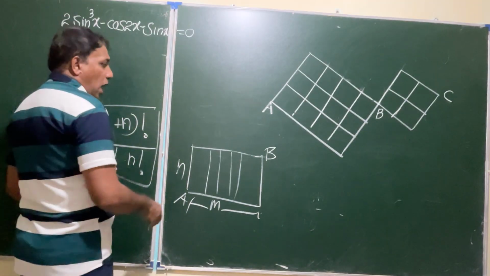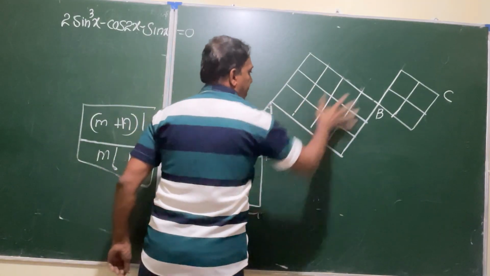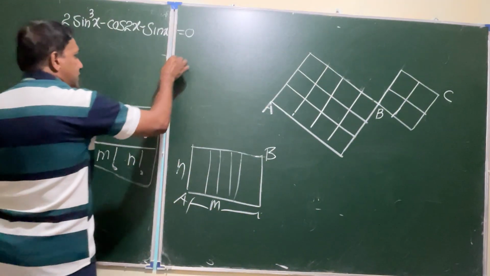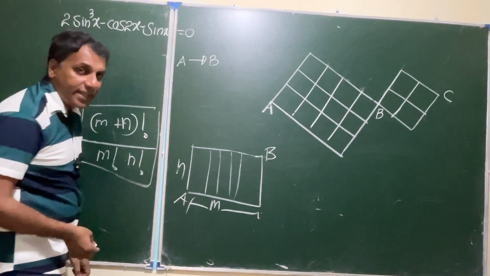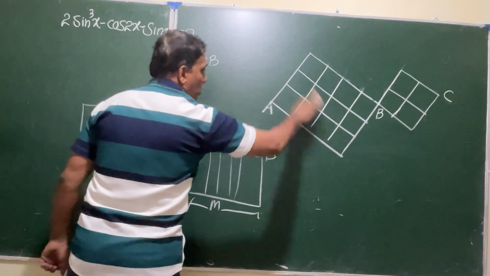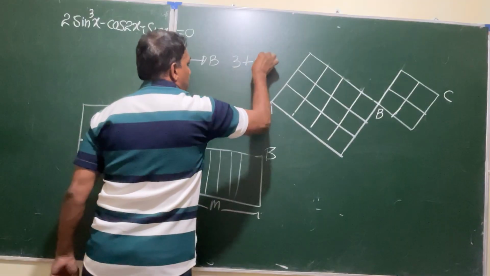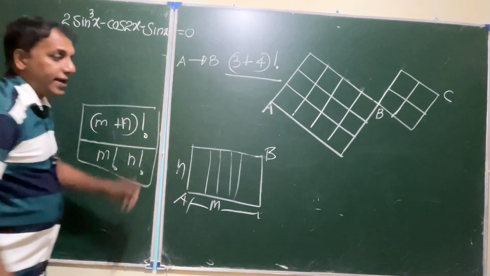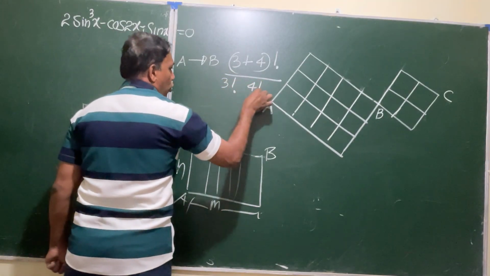Okay, so come back here. So how many rows here? 1, 2, 3 rows, 4 columns. Here are 2 rows and 2 columns. So first I show you A to B, right? To go from A to B, how many possibilities? It consists of 3 rows, 4 columns. Completely (3 plus 4) factorial over 3 factorial times 4 factorial, right?